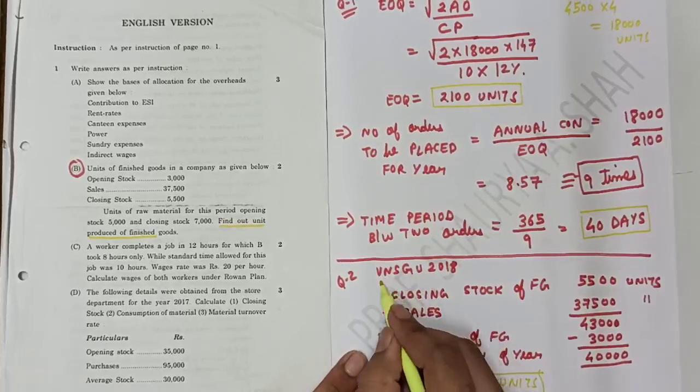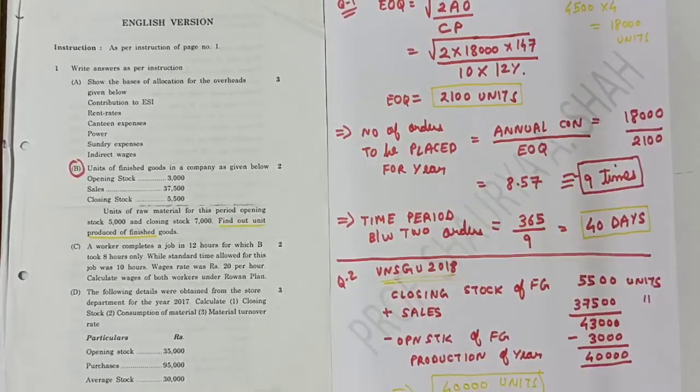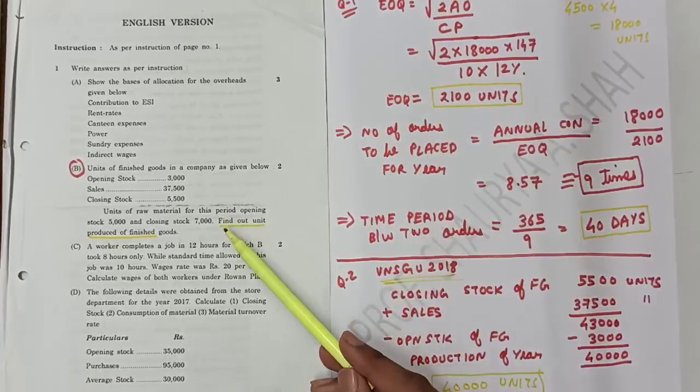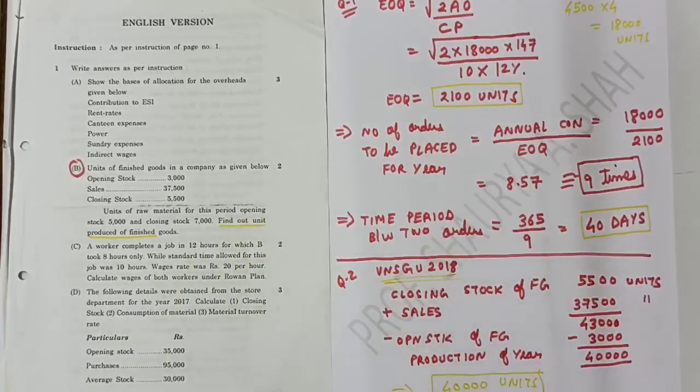Again, understanding it logically, what is your question? Your question is about finding out the production of finished goods, students, right? So how can you find it out? First of all, you will have a certain opening stock during the year. When you start your financial year, or the calendar year, you have certain opening stock of finished goods. After that, you produce new units, right?